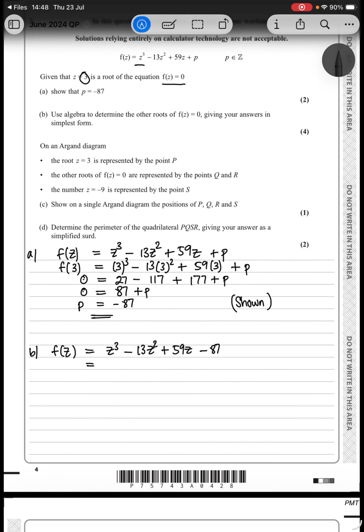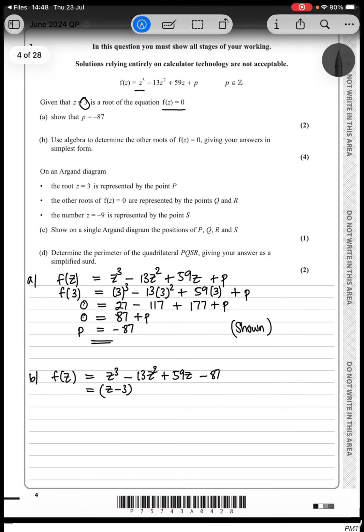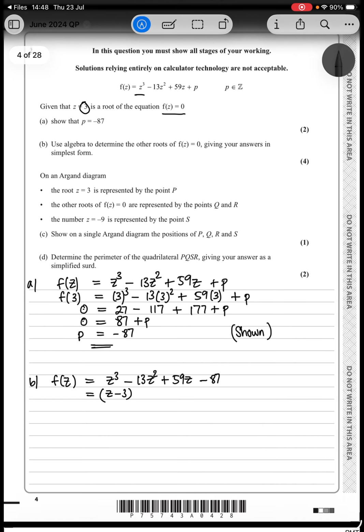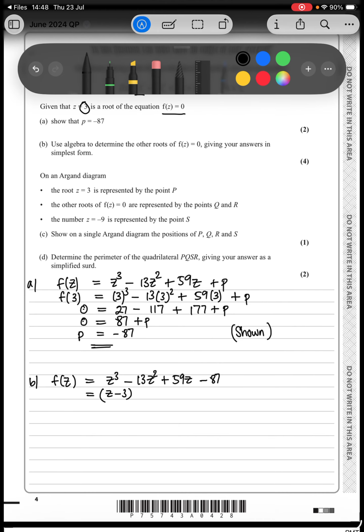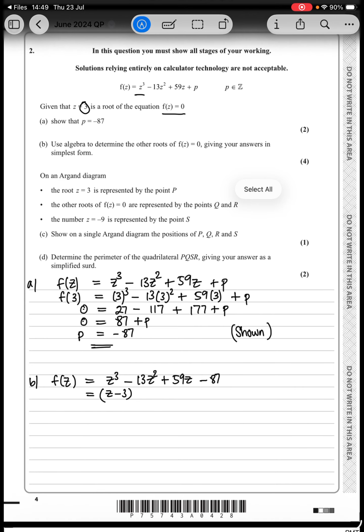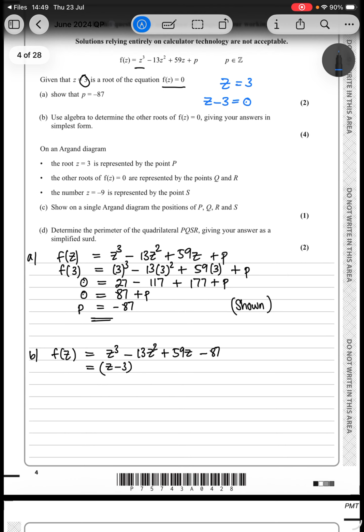This can be written as z minus 3, because the question already says that z equals 3, so if we move the 3 to the other side, we get z minus 3 equals 0. This is one of the factors of the cubic equation.